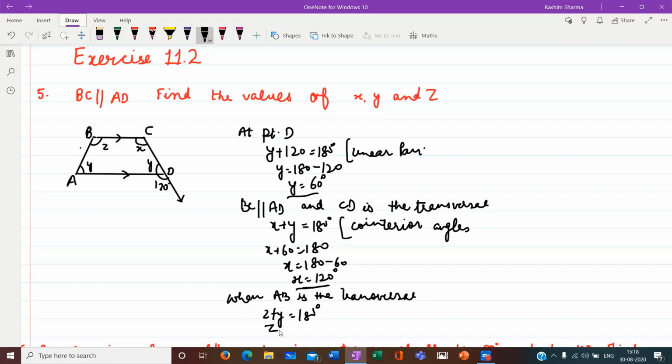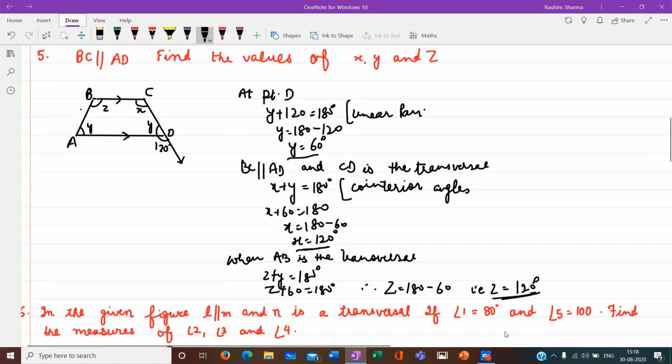So it is z plus 60 is equal to 180 degree. Therefore, z is equal to 180 minus 60. That is z is equal to 120 degree. So we got the value of x 120, y 60 and z is equal to 120 degree.